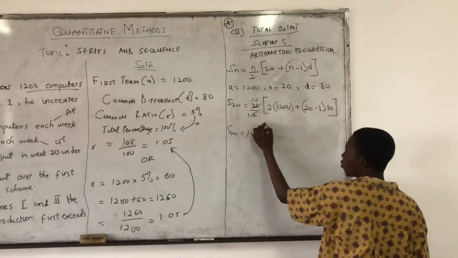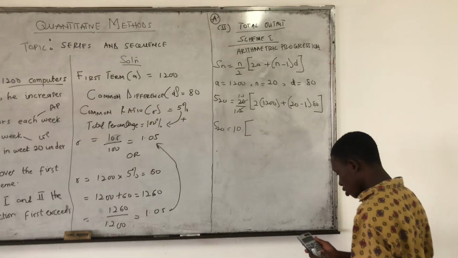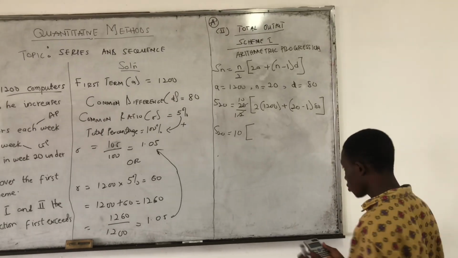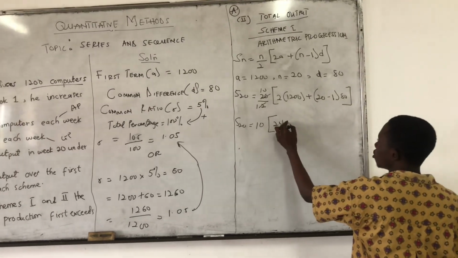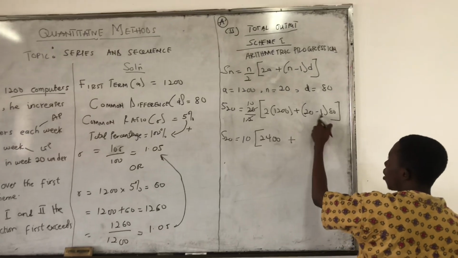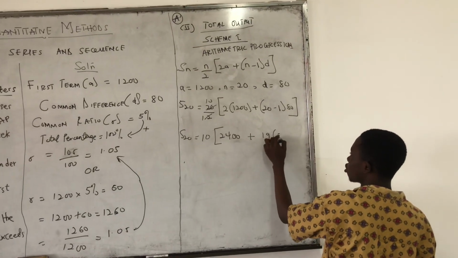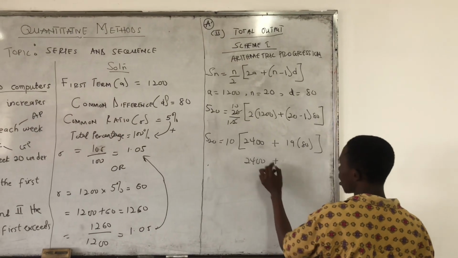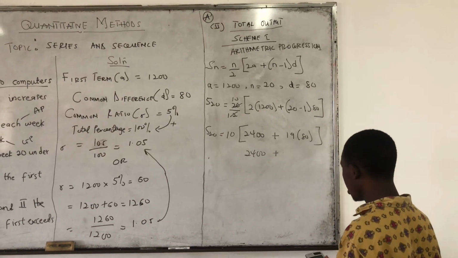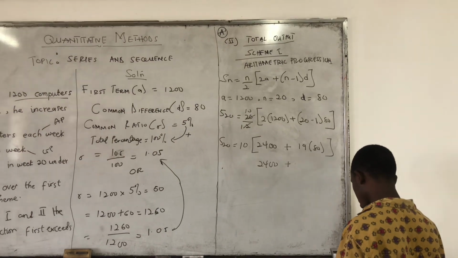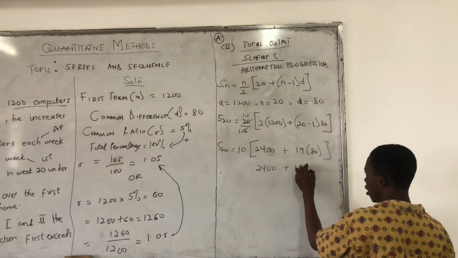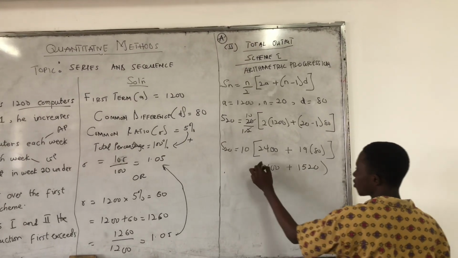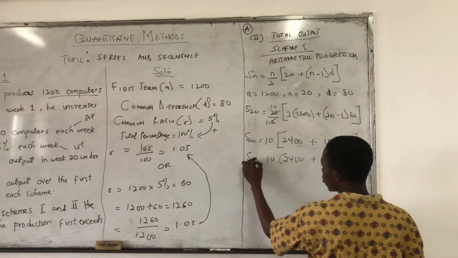We have 10 here, 2 times 1,200, we are getting 2,400 plus 20 minus 1, we are getting 19 times what? 80. So we have 2,400 plus 19 times 80. What are you getting? 1520.